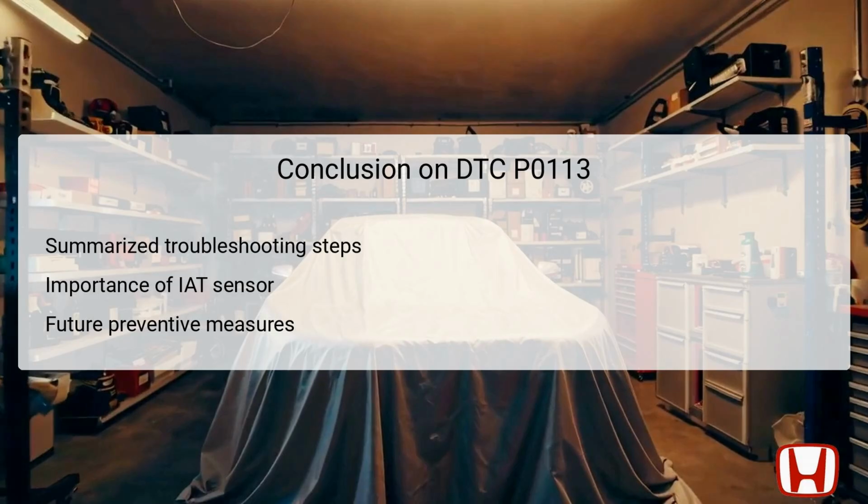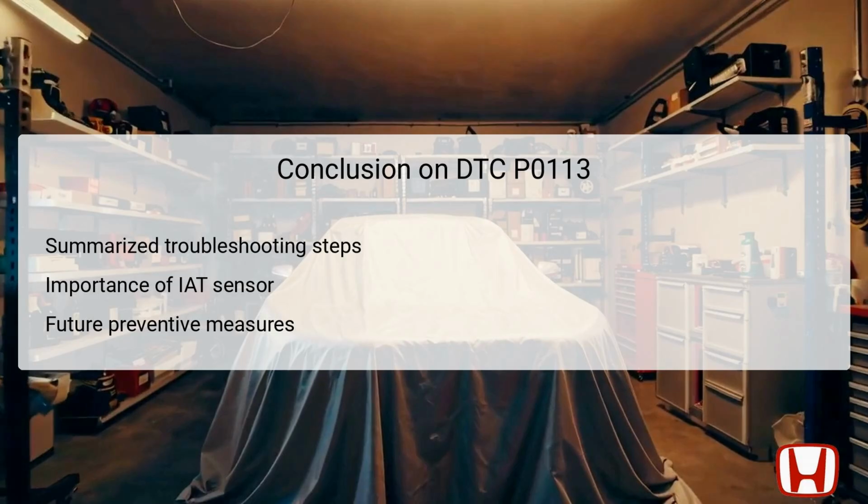In summary, DTC P0113 is a significant code related to the high voltage reading from the intake air temperature sensor, which affects the engine's performance and efficiency. The comprehensive troubleshooting steps outlined provide a systematic approach to identifying the underlying issue, from verifying current conditions to checking wiring continuity.